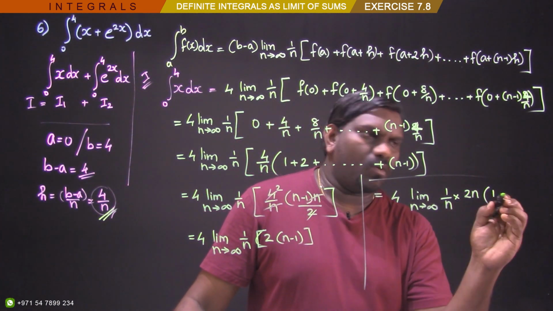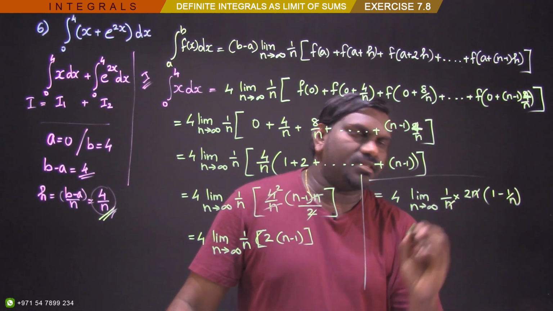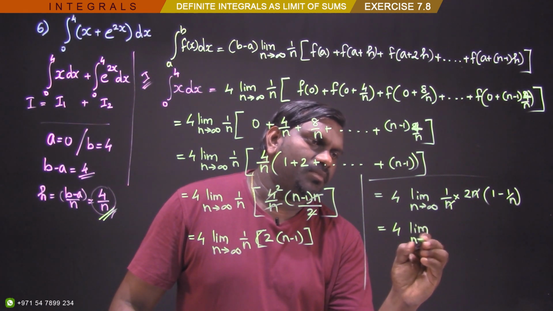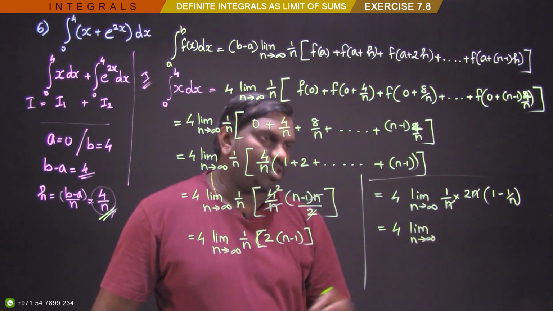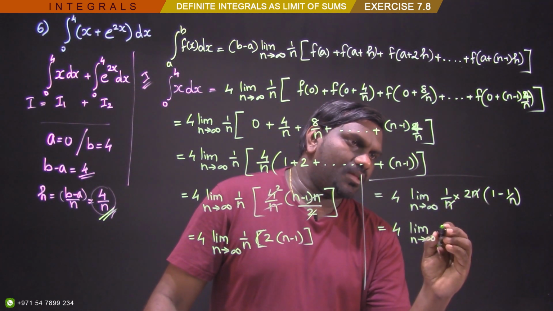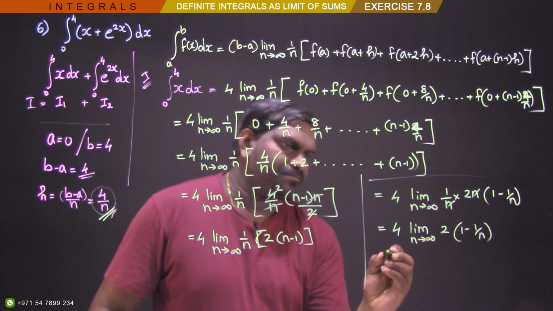So what I will be getting is 1 minus 1 by n, right, dear? This n and this will cancel. That is how we have always been doing limits. So now what I'll end up with is just this, and after this step, just apply the limit.